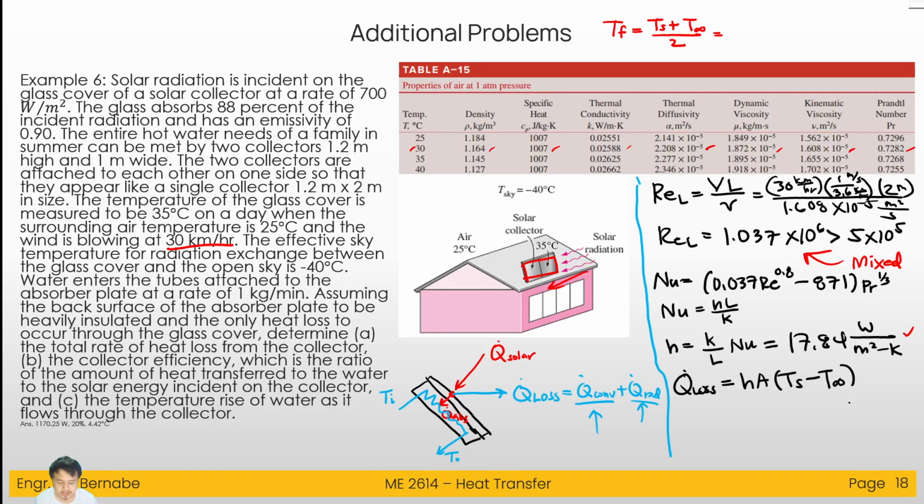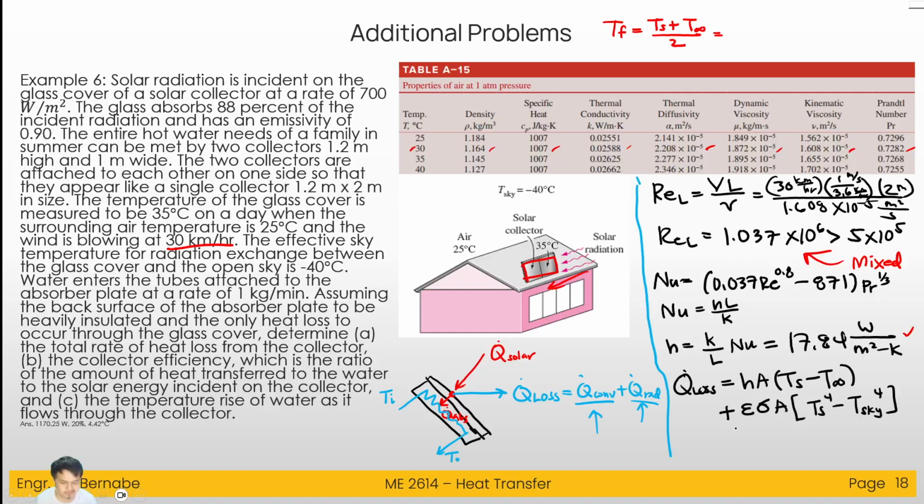And then the radiative, since they are going outward for both, plus the radiative: you have the emissivity, sigma, the area, and the fourth power of TS to the fourth minus T sky to the fourth, since it is emitting radiation into the sky.